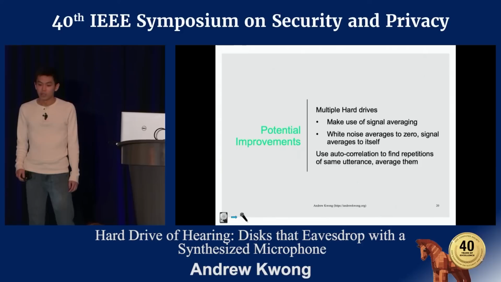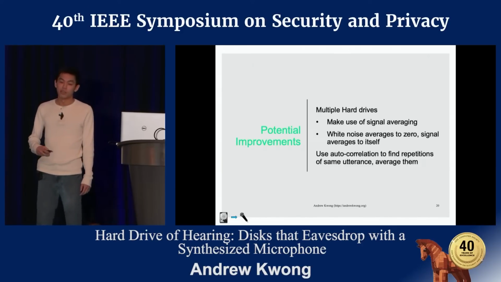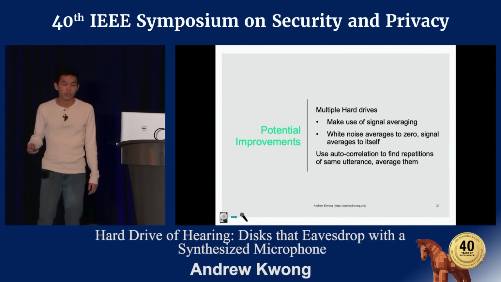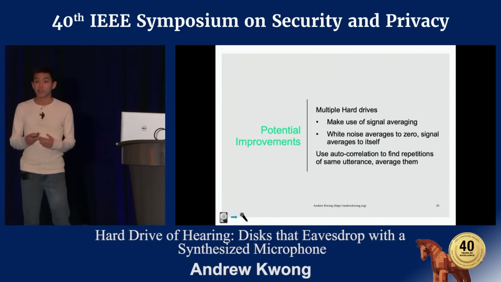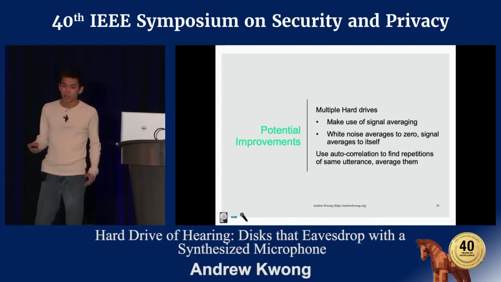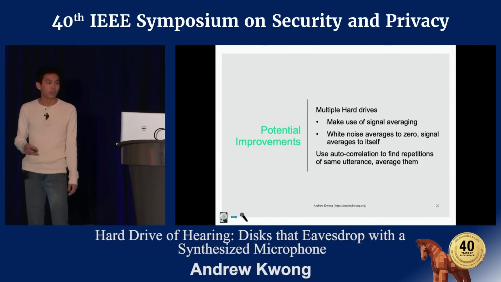Another technique that builds off the same principle is that even if an attacker only has one hard drive, the attacker can use autocorrelation to find repetitions of the same utterance, since we often say the same words while speaking. By finding those repetitions, you can then average those together in the same manner and improve the signal-to-noise ratio.